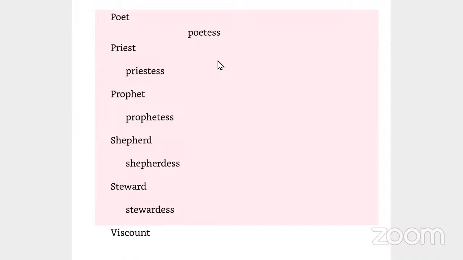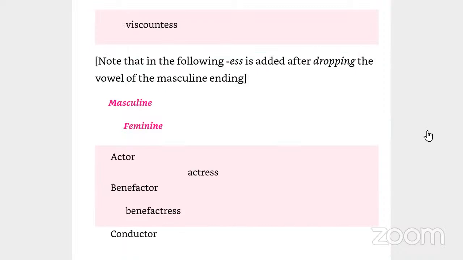Apart from that, a steward can also be found in hospitals, nursing homes. They are responsible for supplying food, supplying necessities to institutions. So that person is called a steward. Viscount again is a position in the King's Court.